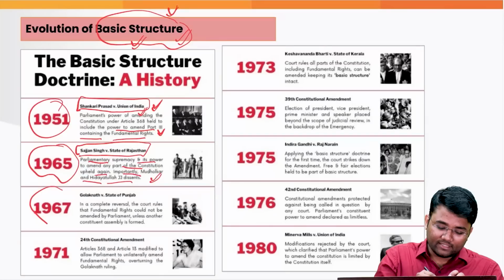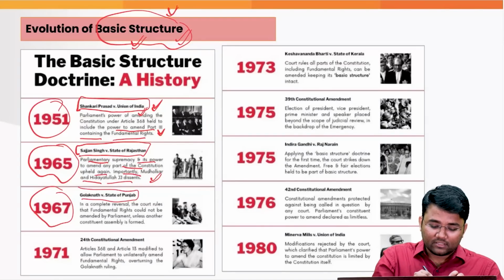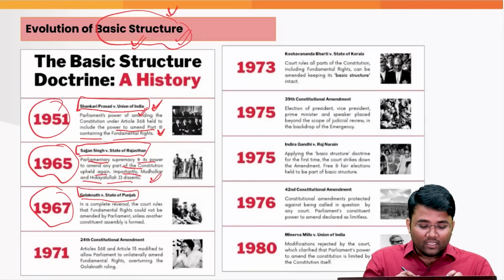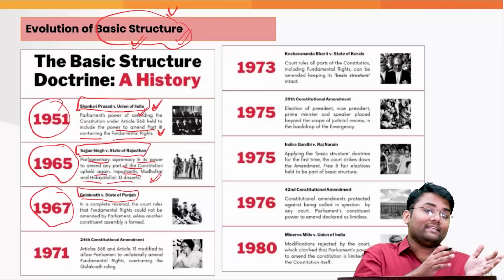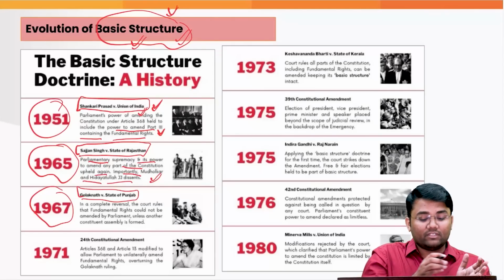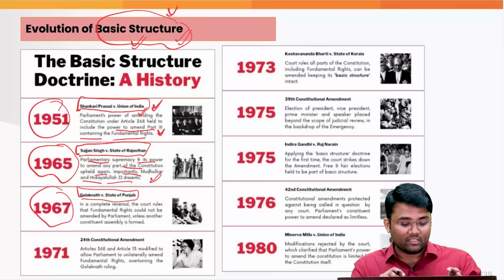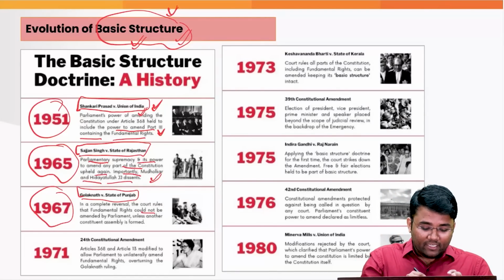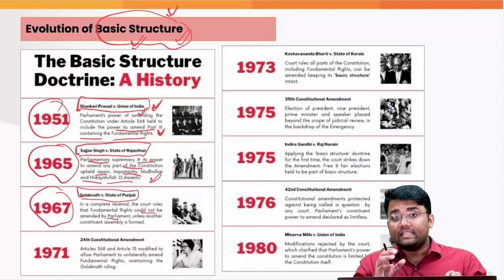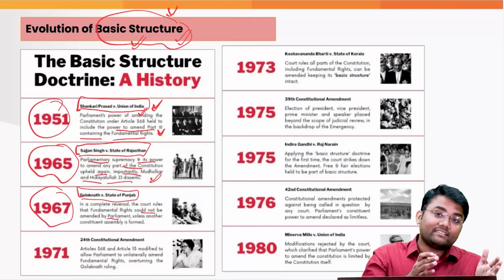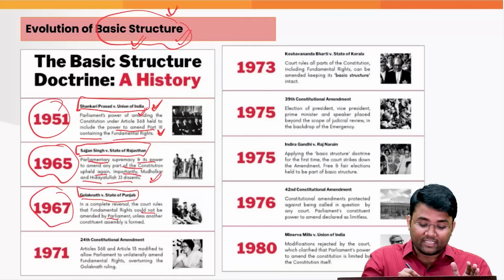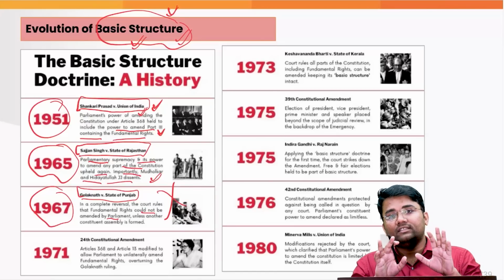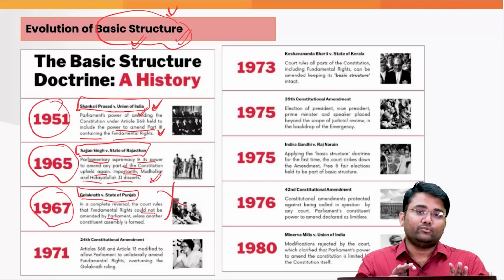Then comes 1967, Golaknath versus State of Punjab. In a complete reversal of its earlier stance on the amending power of Parliament, the Supreme Court says that the fundamental rights could not be amended by Parliament unless and until another constituent assembly is formed. So it has completely stopped the amending power.